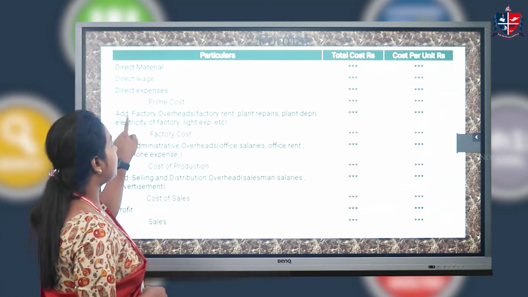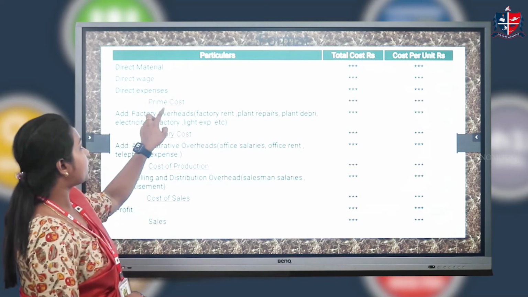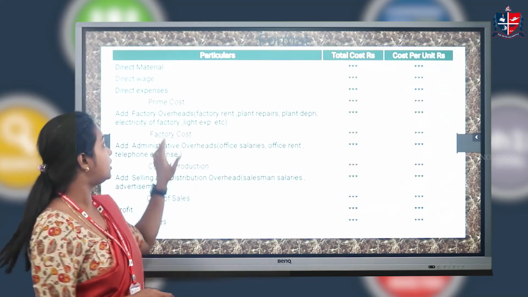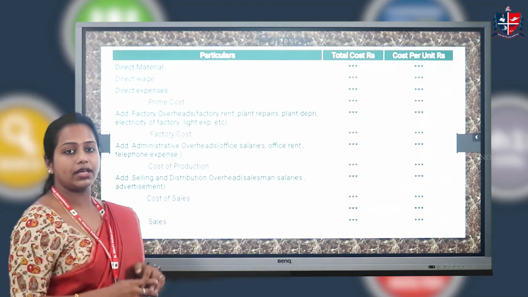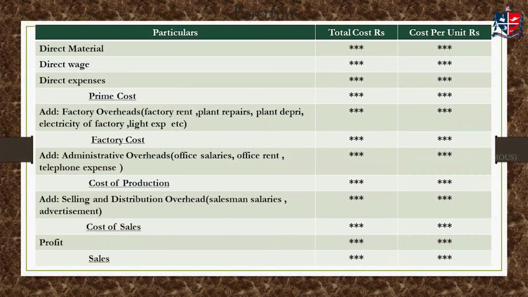After getting the prime cost, you need to add factory overheads. Factory overheads, for example, are the factory rent, plant depreciation, factory electricity charges, factory light charges, or other factory related expenses.